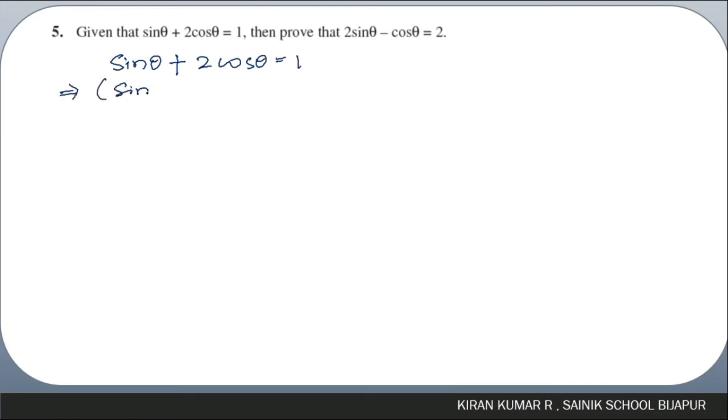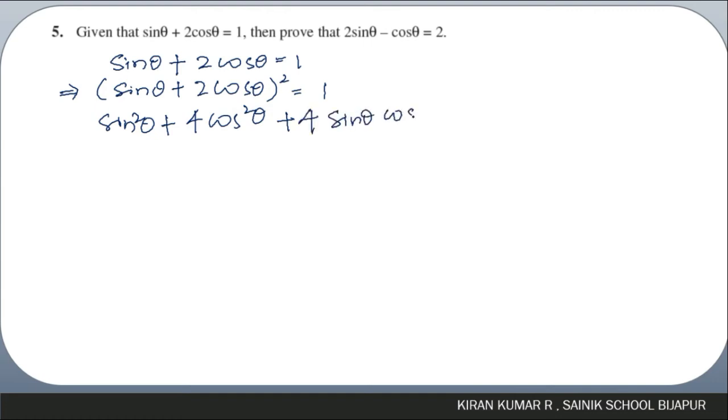If I square, I'll be getting sin theta plus 2 times cos theta the whole square equal to 1, sin square theta plus 4 times cos square theta plus 4 times sin theta cos theta equal to 1.